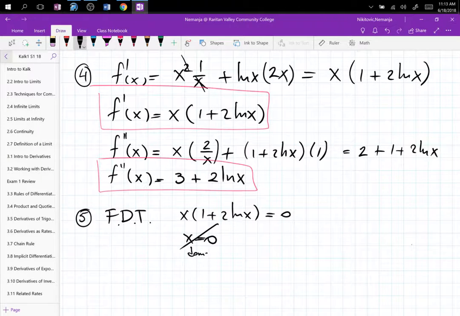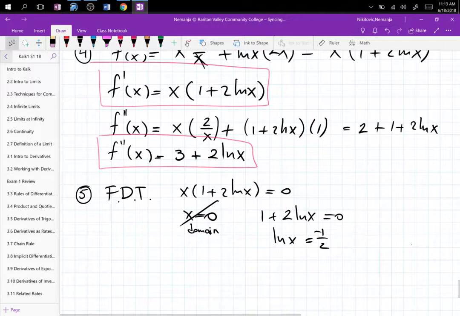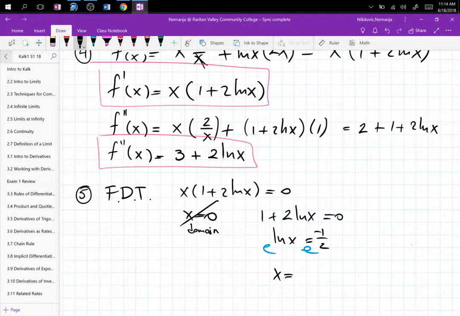I'll just write domain, and you know what I mean. And then we have 1 plus 2 ln x equal to 0, so ln x equals negative 1/2. When we exponentiate both sides to solve this, we get that x is equal to 1 over root e. Nice. 1 over root e.